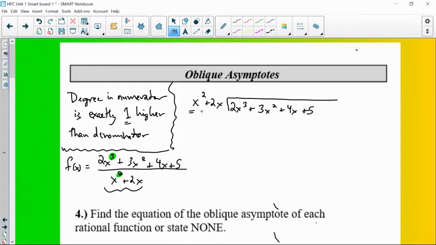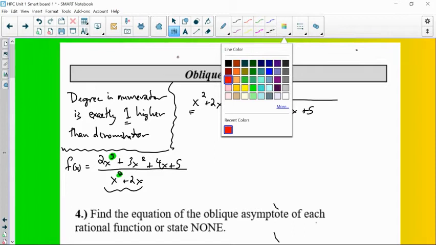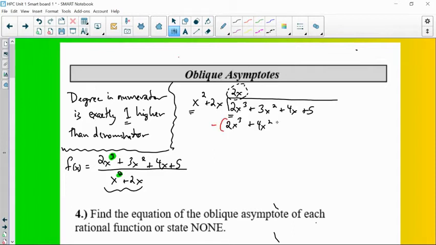So you look at the lead term and the first there. So you think about x squared times what number would achieve 2x cubed? And so if you take it times 2x, x squared times 2x will give you 2x cubed. 2x times 2x is 4x squared. Now here's where you have to be careful. I'll even highlight this because you are subtracting.